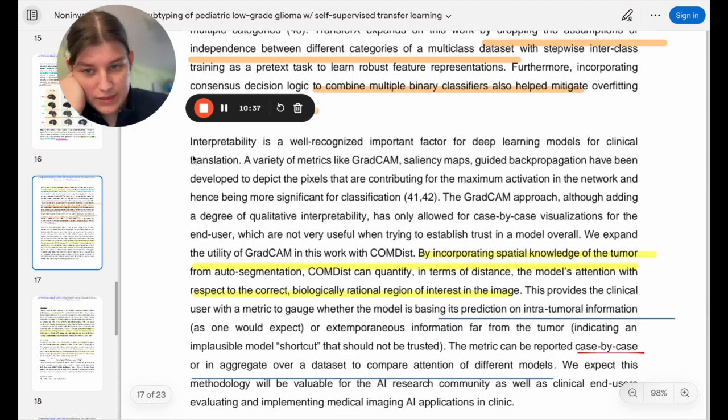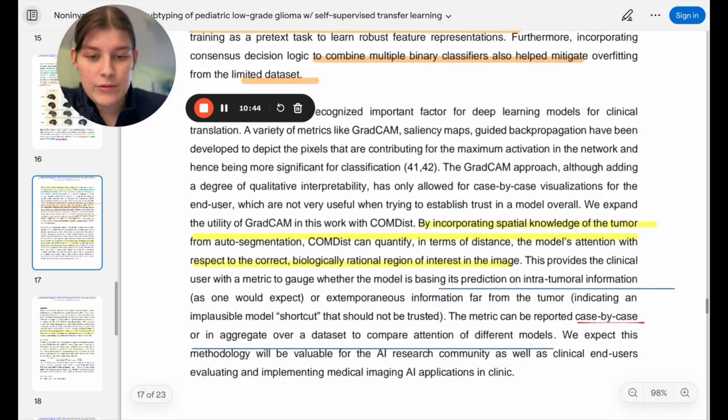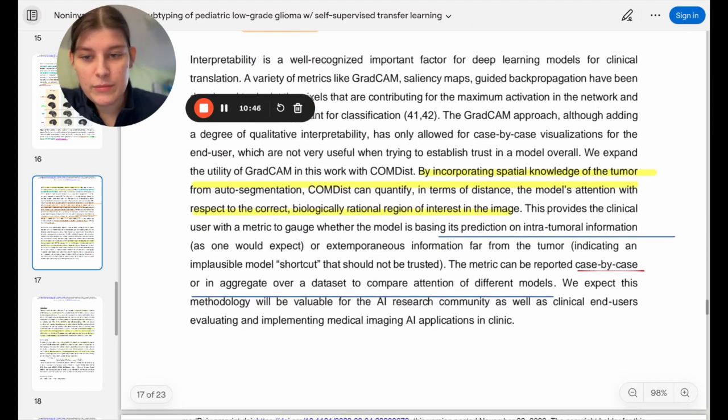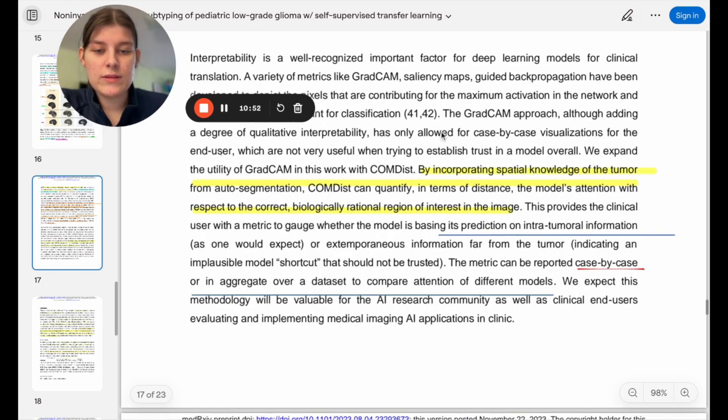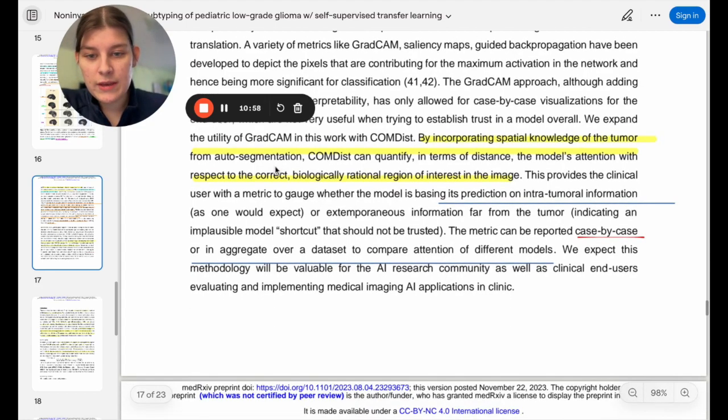So this is talking about interpretability and how it's very important for clinical translation of deep learning, and how through the Grad-CAM approach that they used, they tried to overcome having only case-by-case visualizations for the end user, because you weren't able to get an overall model view. So they were using their evaluation metric. They used the spatial knowledge from the automatic tumor segmentation, and then used it to quantify.